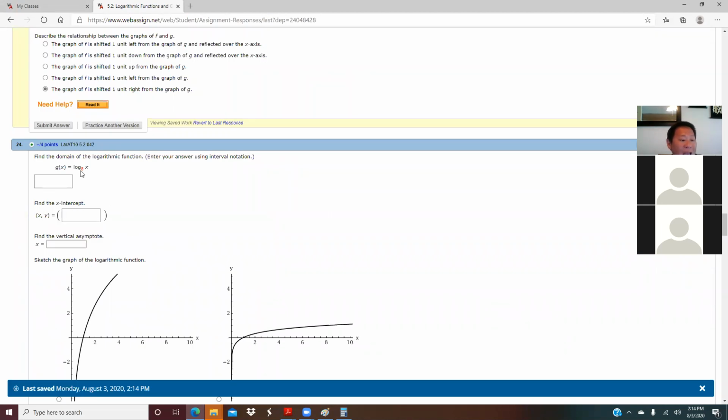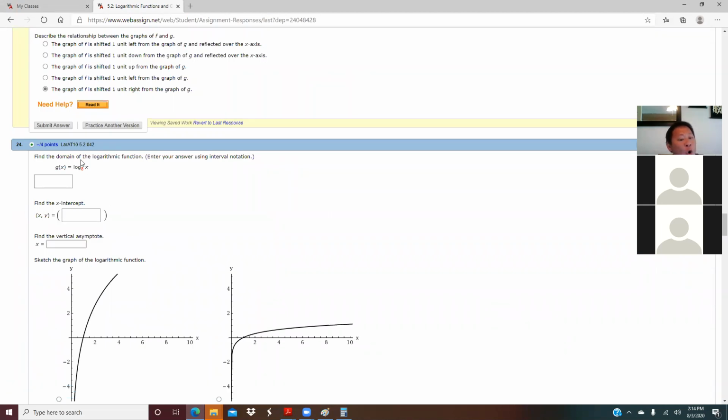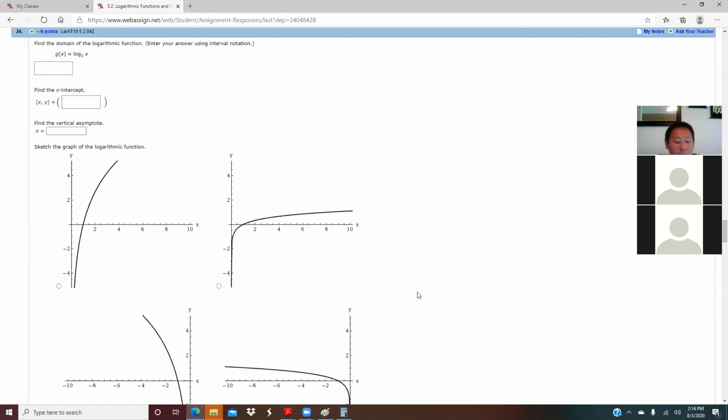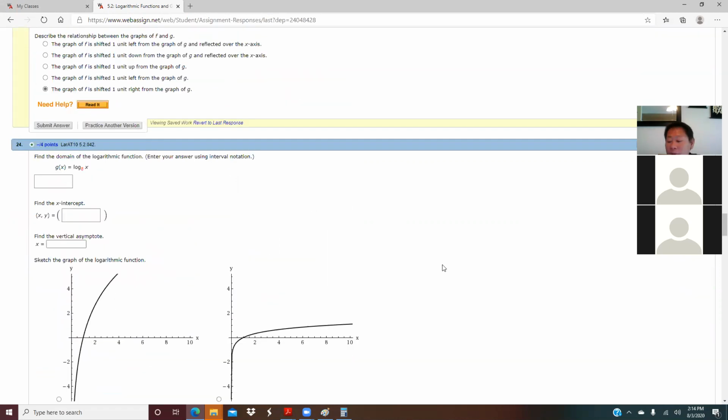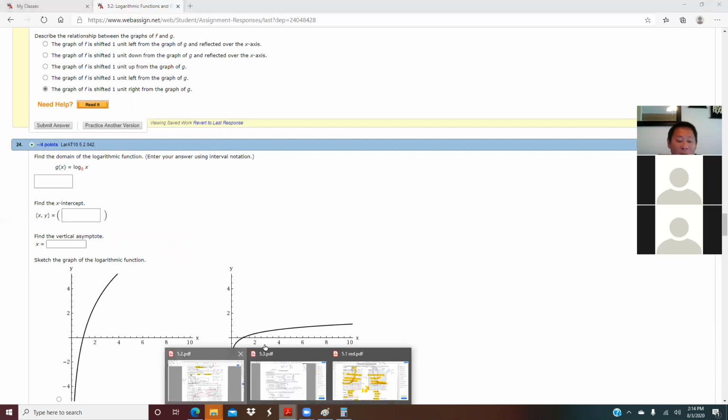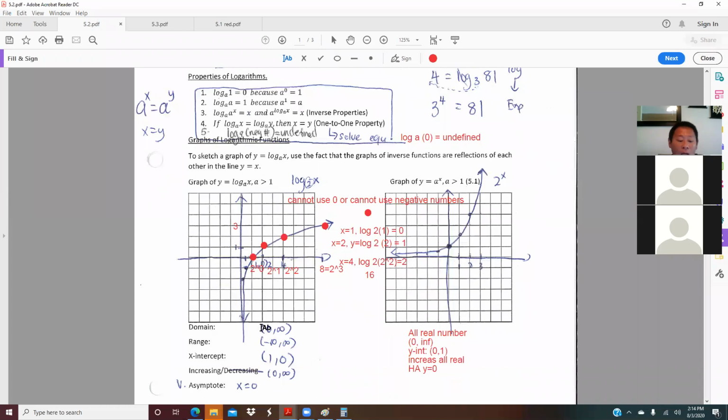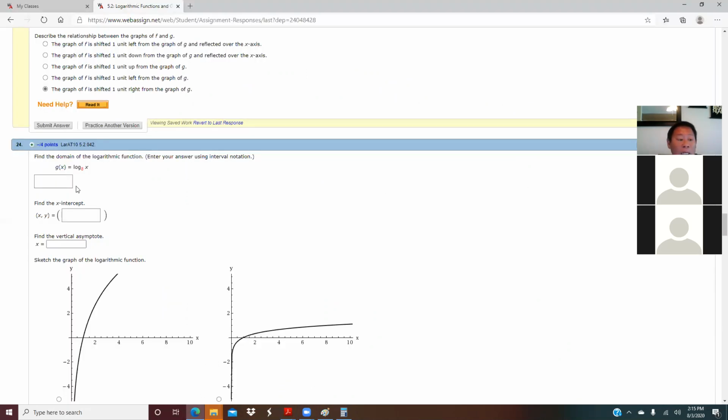Log 8x. What is the domain of this? Anyone know what's the domain for this one? If you remember from here, if you have log, the domain is always 0 to infinity, if you haven't moved anything yet, left, right, up, down. Range is all real numbers. So can you tell me what is your domain of this function in interval notation?